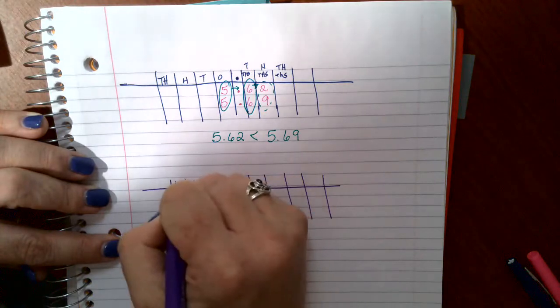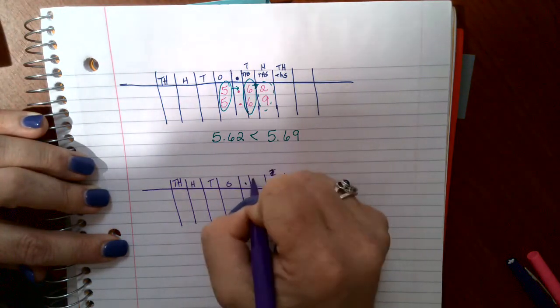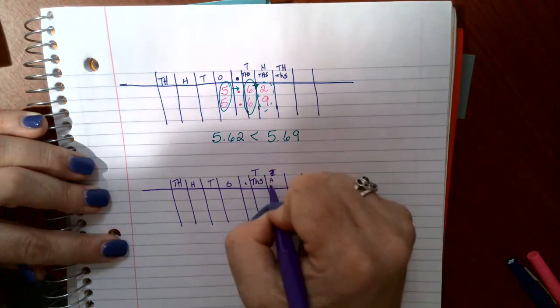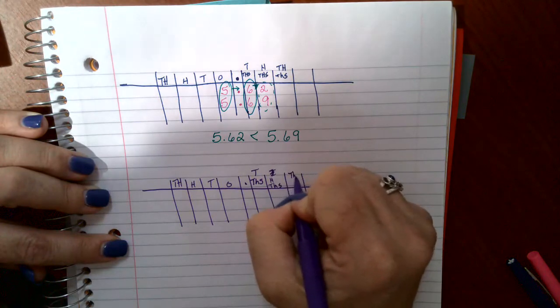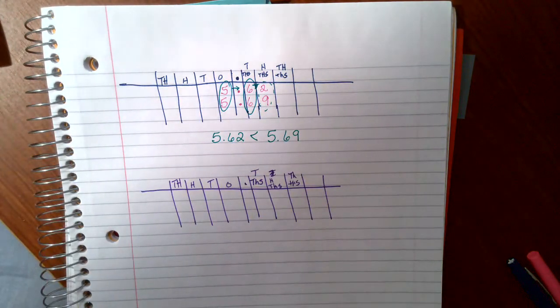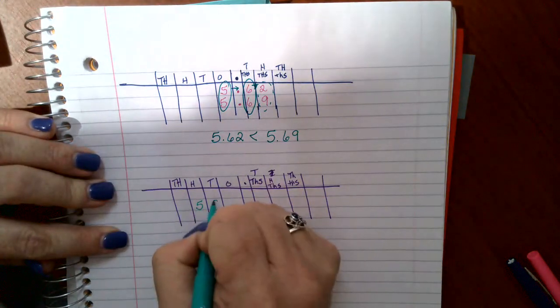We'll go ones, tens, hundreds, thousands, tenths. Oops, sorry, I skipped a column there. Tenths, hundredths, thousandths.